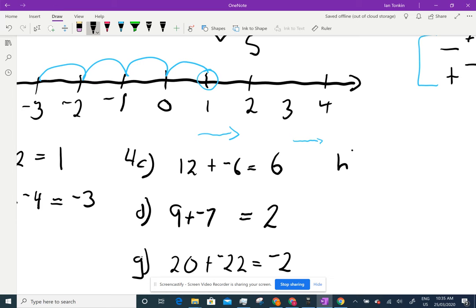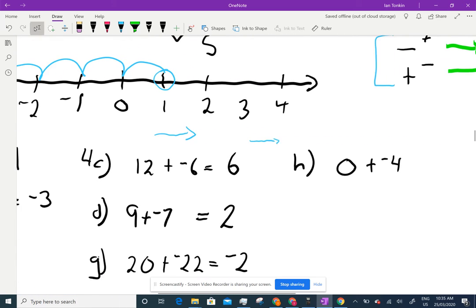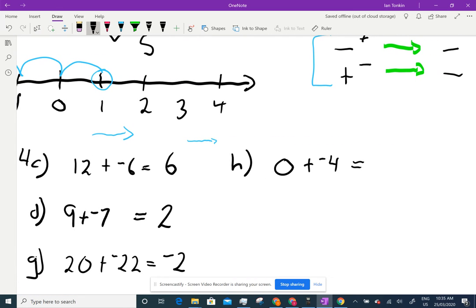And H was 0 plus negative 4. Now, you can just do this. You can just go, oh, those two signs together give me a negative. 0 minus 4. Well, if I've got 0 and I take away 4, I actually get negative 4.